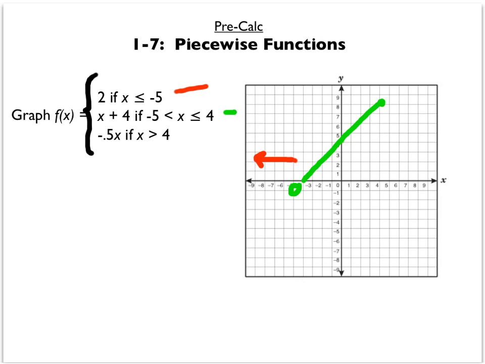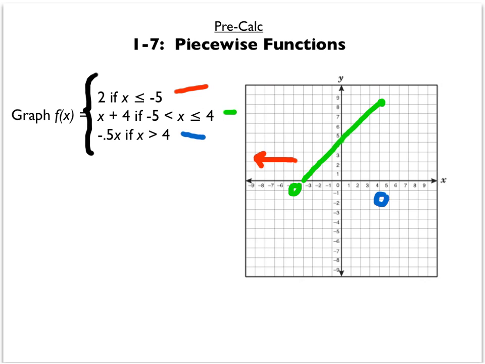We're just doing this piece by piece, so it's a bit of a pain, but that's what these piecewise functions are all about. Last one here with the blue line, negative 0.5x when x is greater than 4. So if I substitute 4 in here, 0.5 times 4 is 2, with a negative sign will be negative 2. So the point (4, negative 2) will be on the graph. However, it will be an open circle because of that greater than sign there.